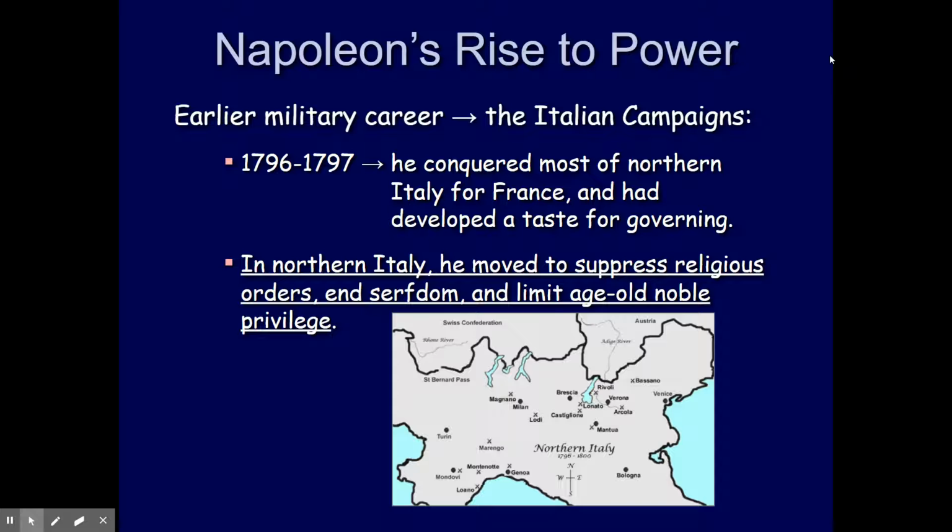So he's leading that group, and he's able to get about 45 to 57 million dollars in about 2 weeks by essentially looting northern Italy. While he's there, he abolishes serfdom. He allows religious freedom, and he gets rid of noble privileges. So he seems to be a hero of the common man and the common person.